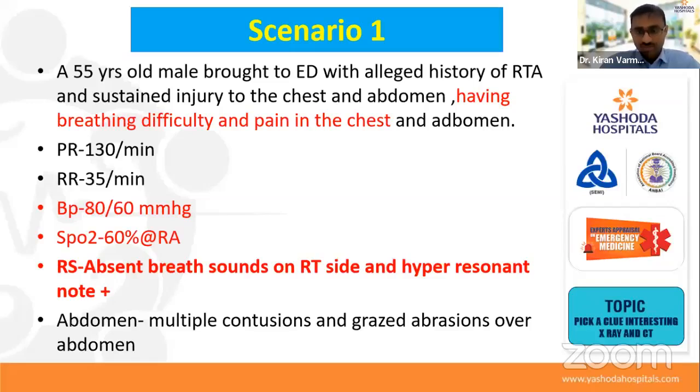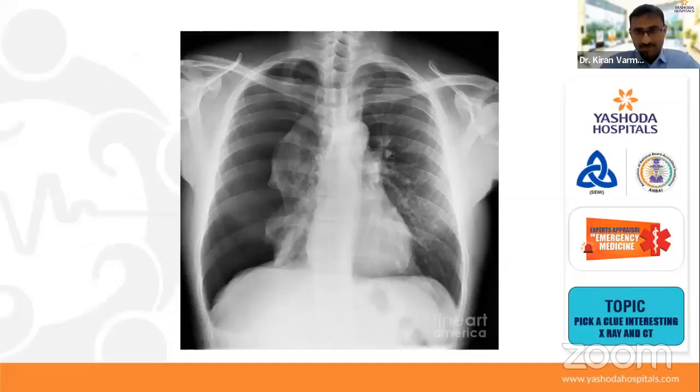So what do you think about it? When such scenarios come, the first thing we think of is pneumothorax. What kind of pneumothorax? Based on vitals, BP 80/60, we can think of tension pneumothorax. So keeping pneumothorax in mind, we have done the chest X-ray.